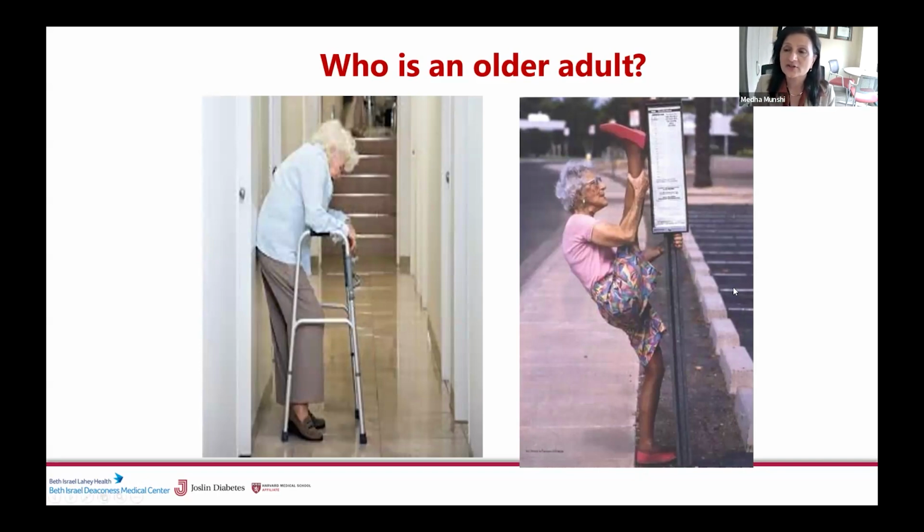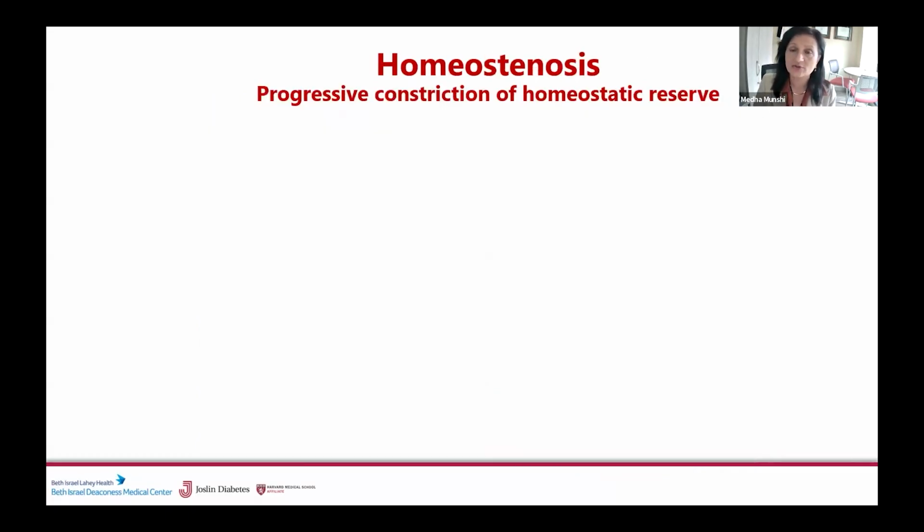But as a geriatrician, I also want to point out that this individual on the right side, even though she looks like an extremely healthy and functional individual, if she's 85, we need to take into account age as a number. The reason for that is this concept of homeostenosis. Homeostenosis is a progressive constriction of homeostatic reserve.